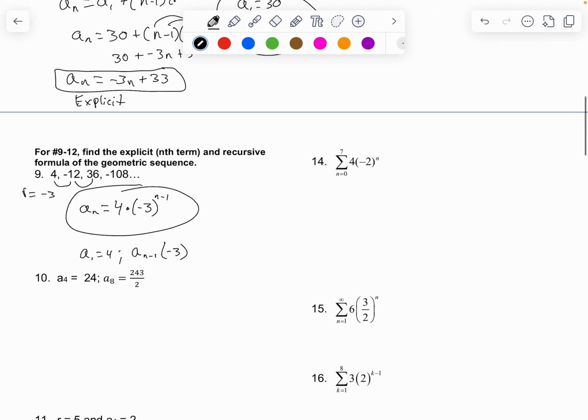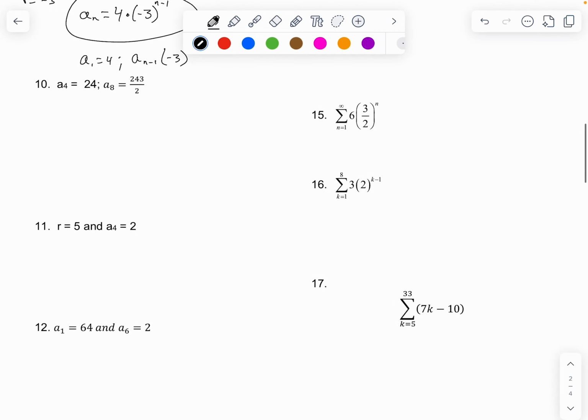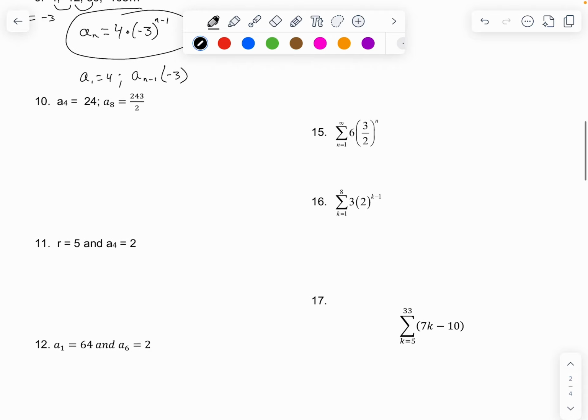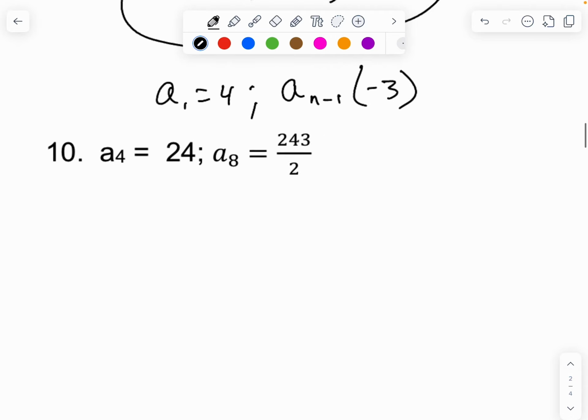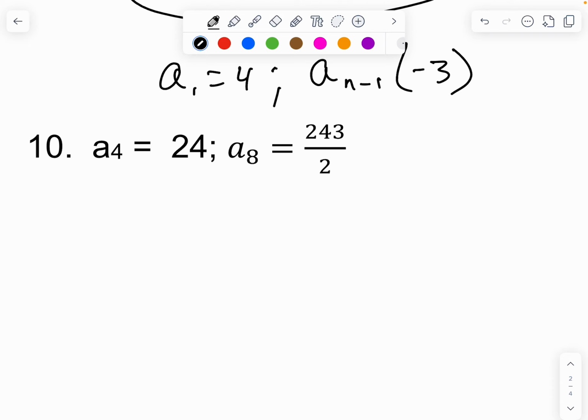All right, so now it's time to show you how to find the ratio if you're given two parts from the sequence. And this is from that formula up there. What we're going to do is take 8 minus 4 as our index.